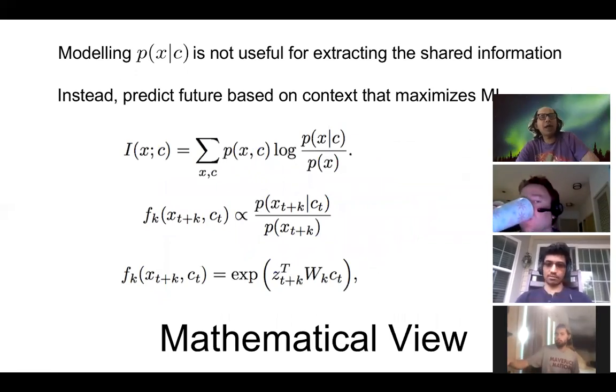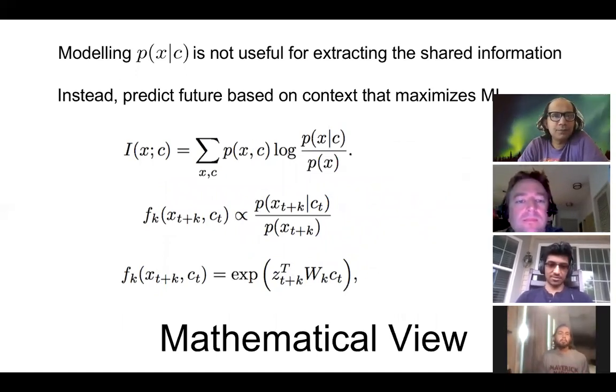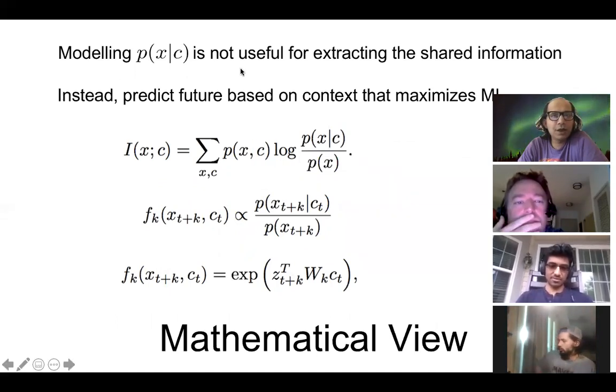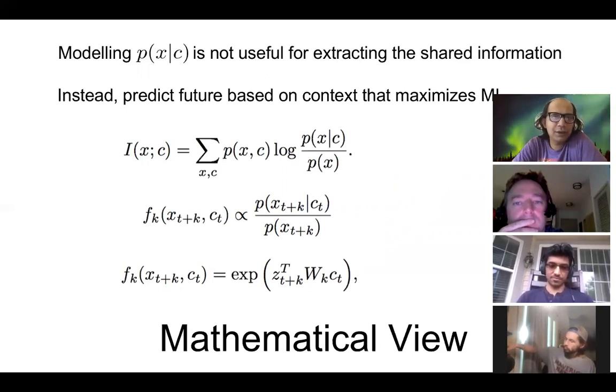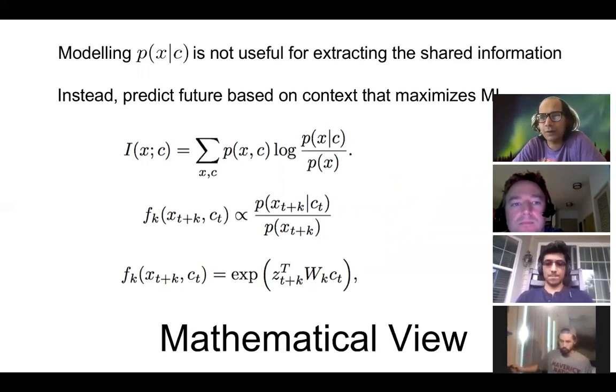So why have they not directly predicted the future instance based on the current context? Because if they predict just the next sample based on context, it will not be useful to extract shared information.